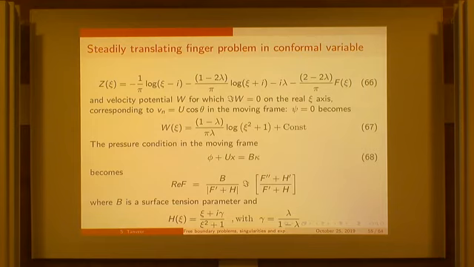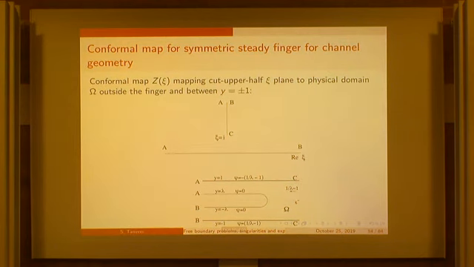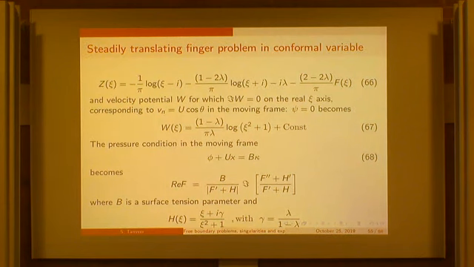Now, when B is non-zero, you put in an extra part here and try to figure out what this F should be. However, using this cut plane has the advantage that in this plane you can write down exactly what the complex velocity potential is. And that expression is given this way.